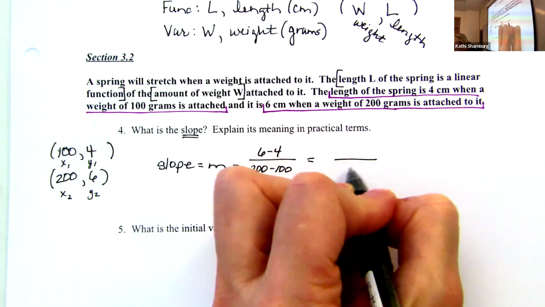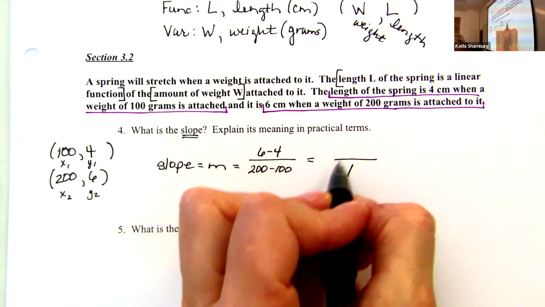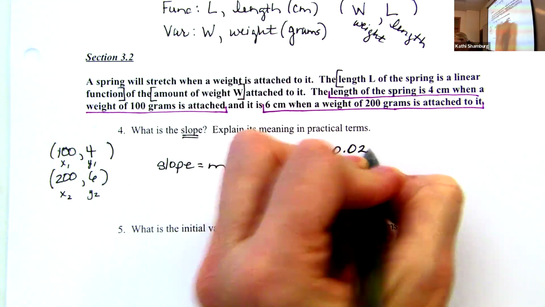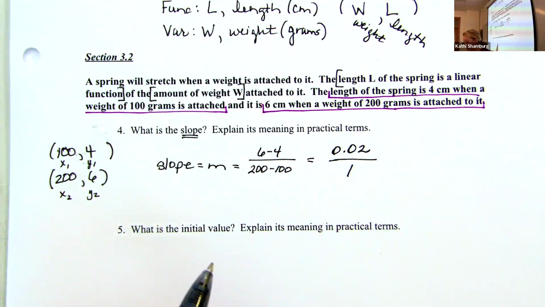And I want this something over 1. What you got? 0.02.